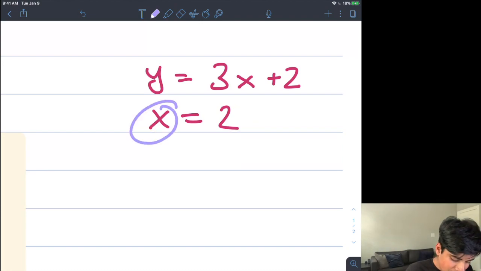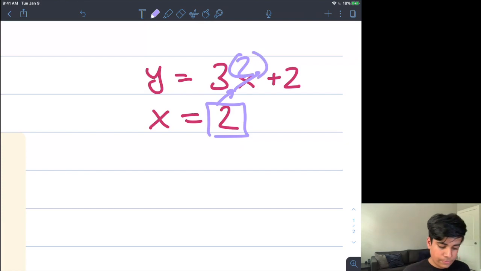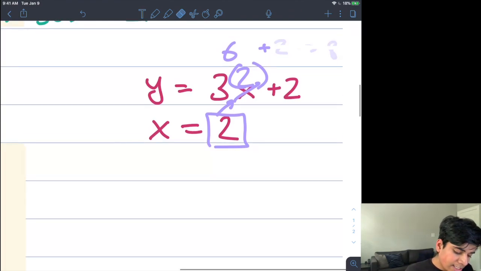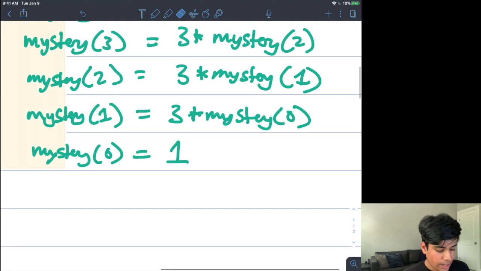I'm saying that x is equal to 2, right? X is equal to 2. So I can simply replace the x over here with the value of 2. And then that becomes 3 times 2, 6, and then plus 2, which gets 8, right over here. So that idea of substitution in math and with variables is what we're going to be doing up here.